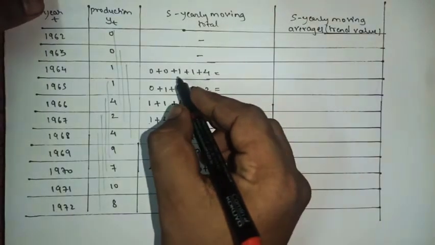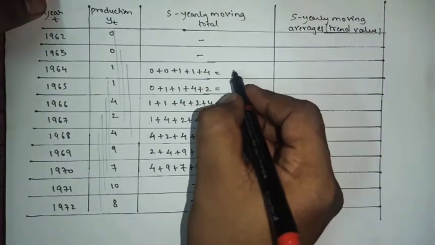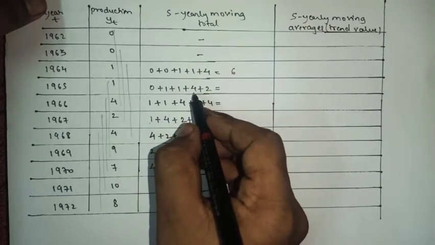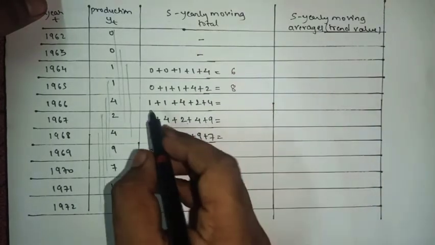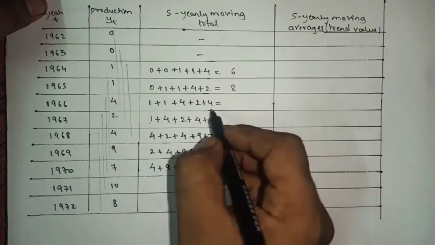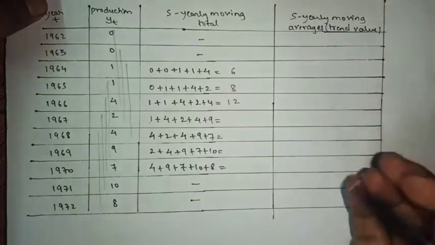Understood? Now let's add the numbers. 4 plus 1 plus 1, 6. This will be 6. 1 plus 1 plus 4 plus 2 plus 4 is 12. Yes or no?